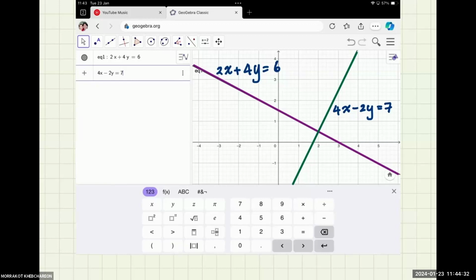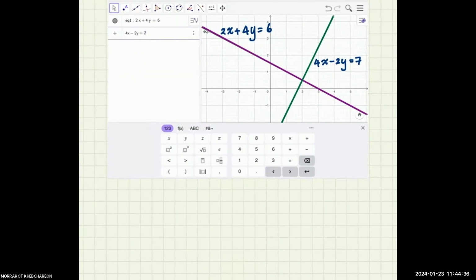So now I will write down the equations: 2x plus 4y equal to 6, and 4x minus 2y equal to 7.